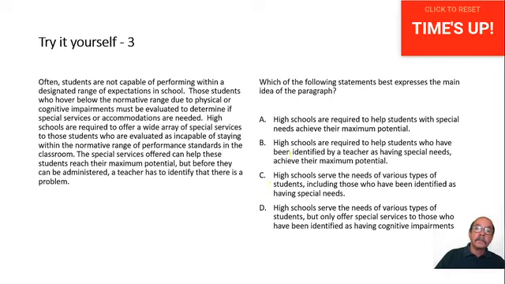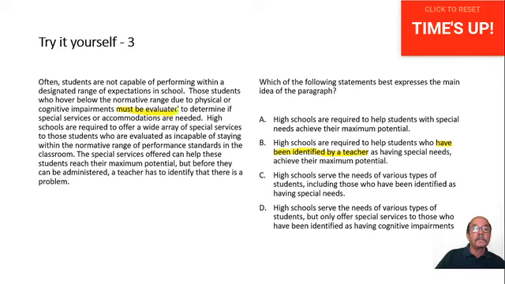All right, now in this passage, if you look at answer options A and B, they are very similar to each other. The only thing different is this. The passage here talks about the cognitive impairments must be evaluated.